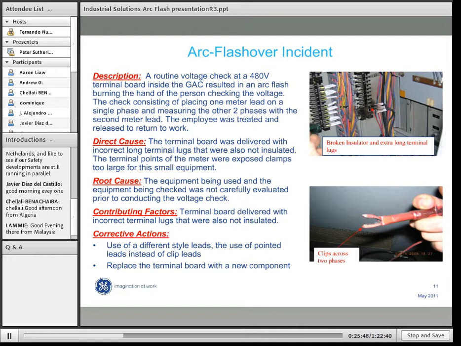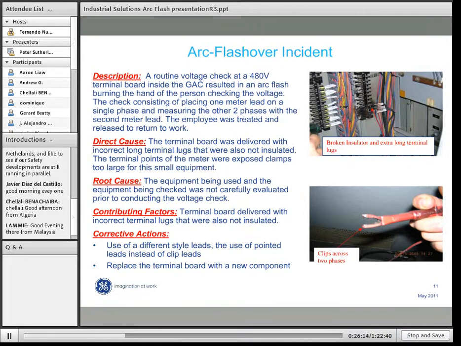So basically there were two things wrong here. The terminal board had the incorrect lugs, and the person doing the measurement used the wrong type of probes to do the measurement.